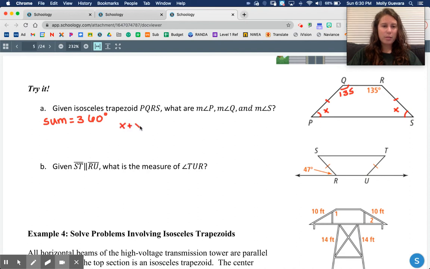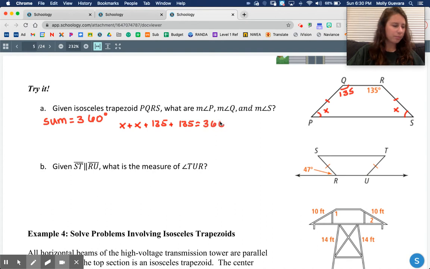So we can go ahead and do that. X plus 135 plus 135 equals 360. Okay, and I don't know why my handwriting is just falling, but that's okay. 135 plus 135 is 270, so I have x plus x, which is 2x, plus 270, and that equals 360.